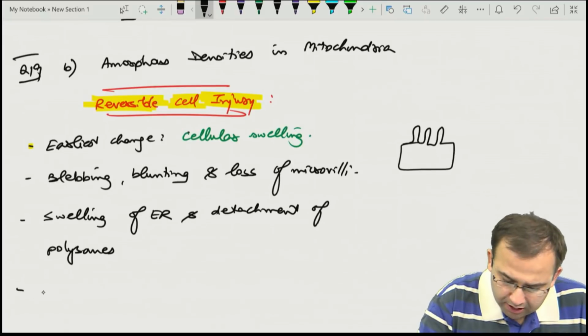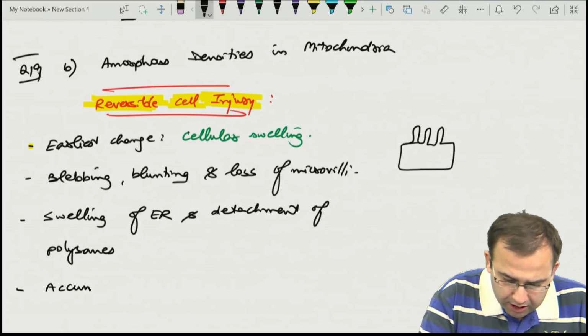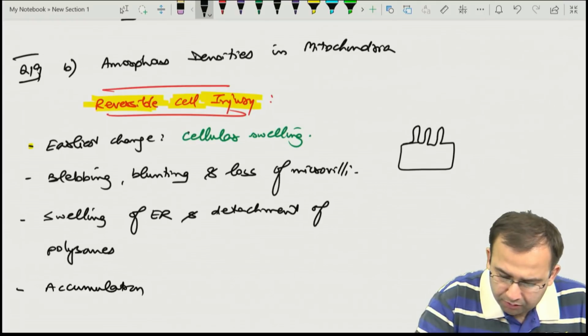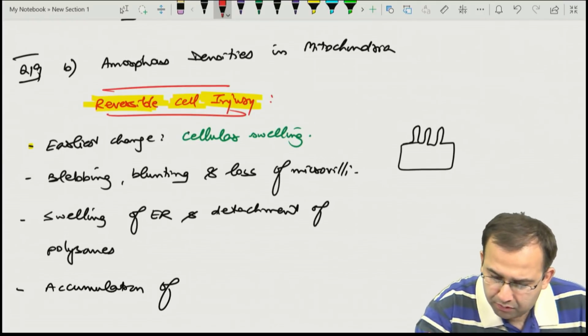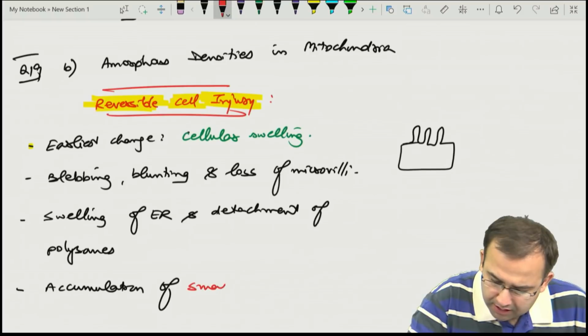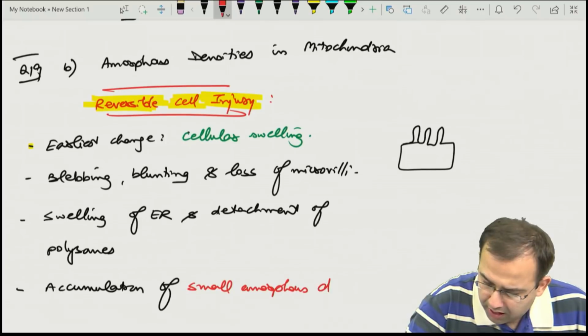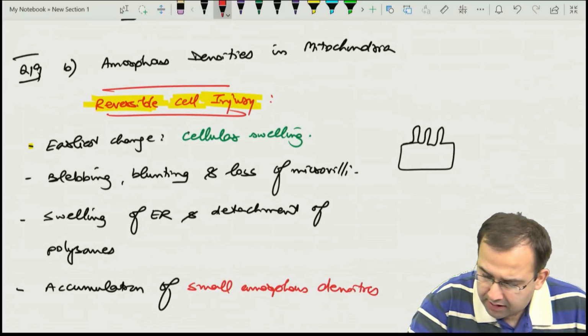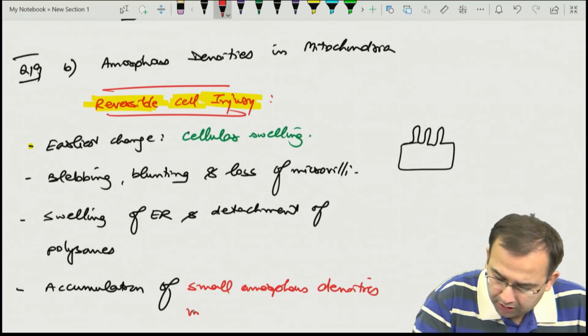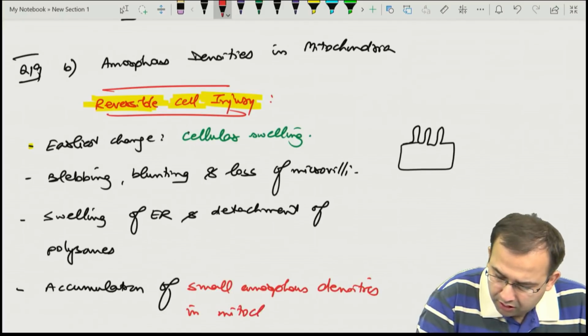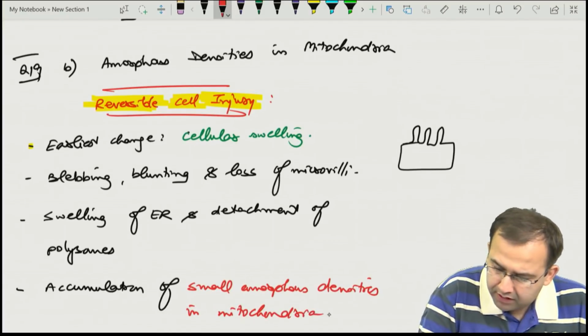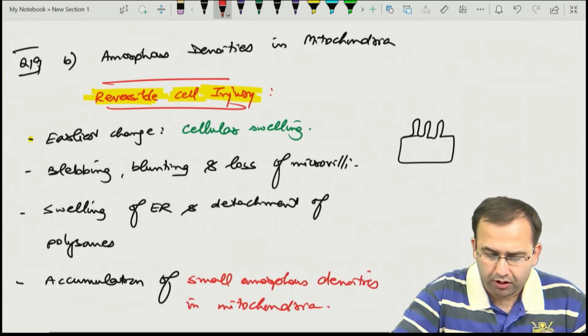And lastly, accumulation of small amorphous densities in mitochondria.